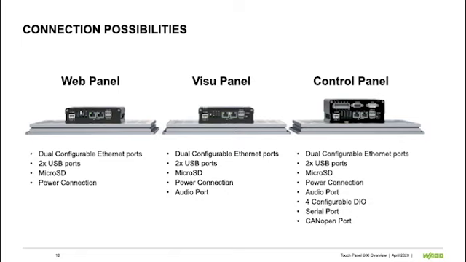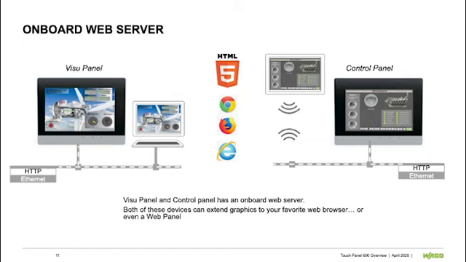And the control panel comes with a complete array of interface ports that include 4 independent configurable digital inputs or digital outputs, a configurable RS-232 or RS-485 serial port, and a CANopen port that also supports J1939. The configurable Ethernet port supports several types of field buses, including Modbus TCP and UDP, EtherNet/IP, and EtherCAT.